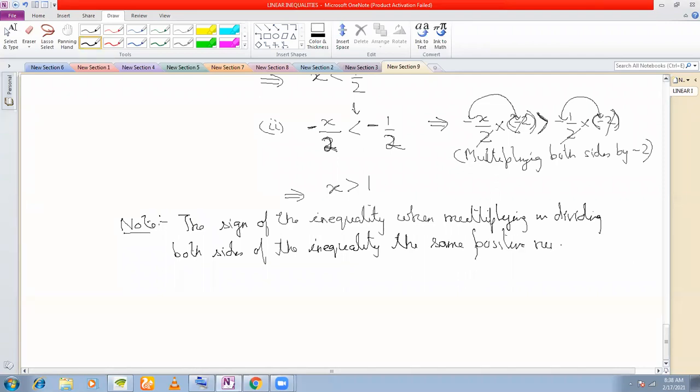Okay. So for positive numbers, the sign does not change. But whenever you are dividing or multiplying by a negative number, then the sign changes. Okay.